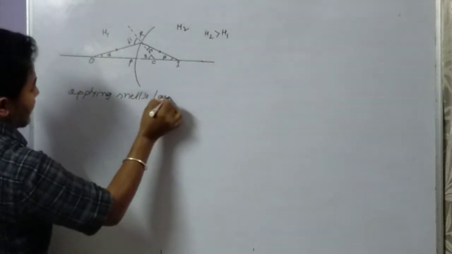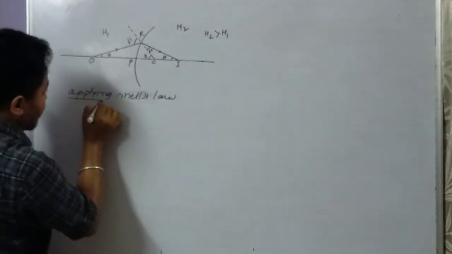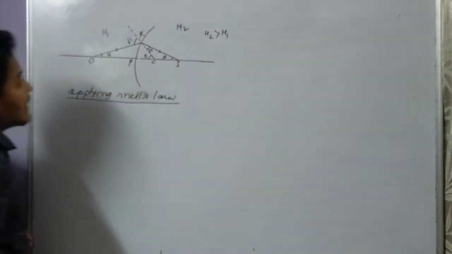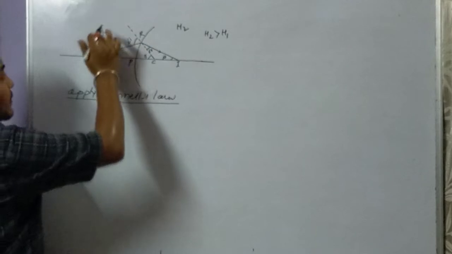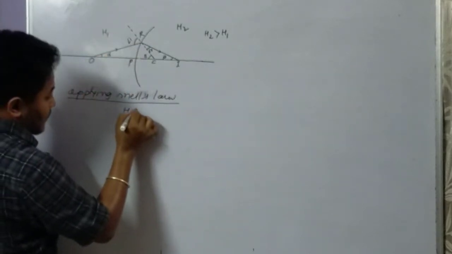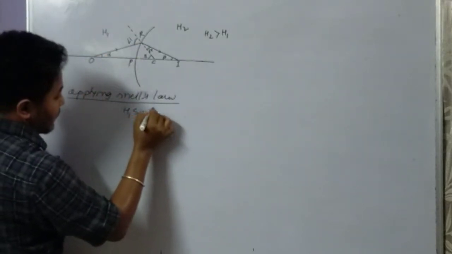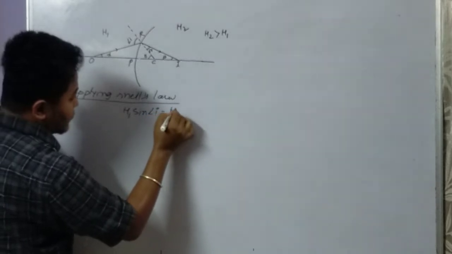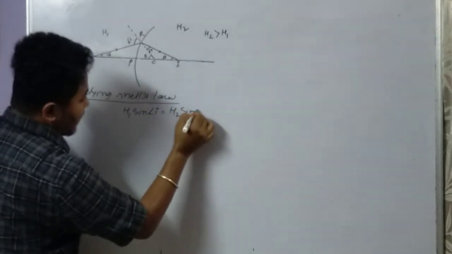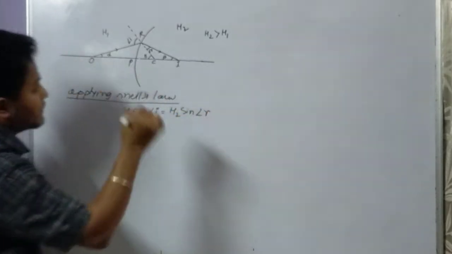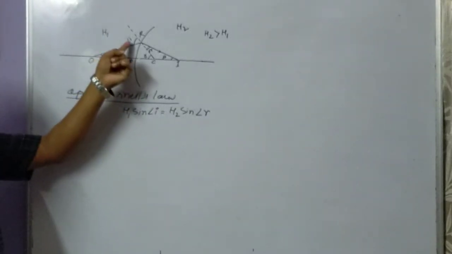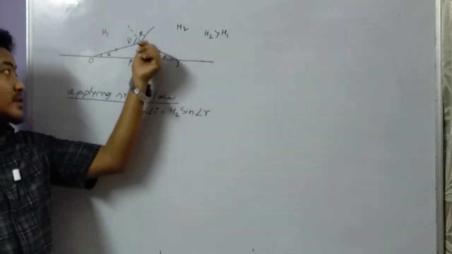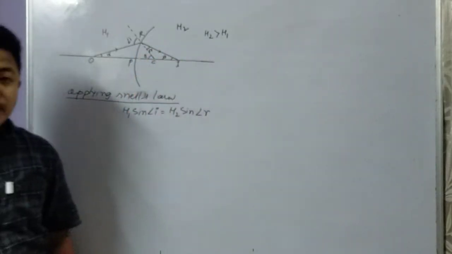If I apply Snell's law in these two media, what can I write? mu1 sine of angle I is equal to mu2 sine of angle R. This is mu1 sine I equals mu2 sine R, according to Snell's law.